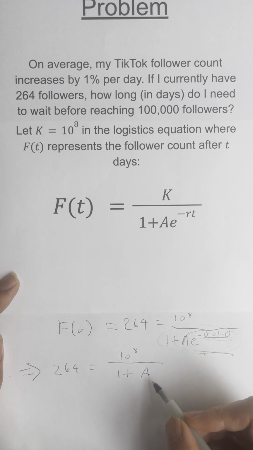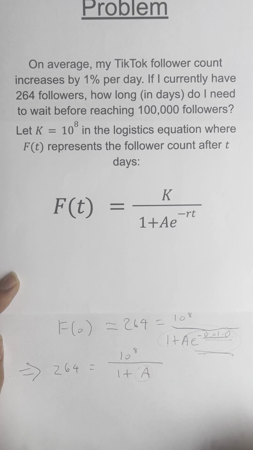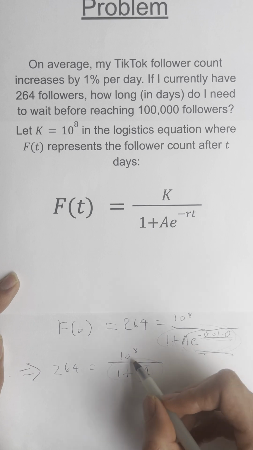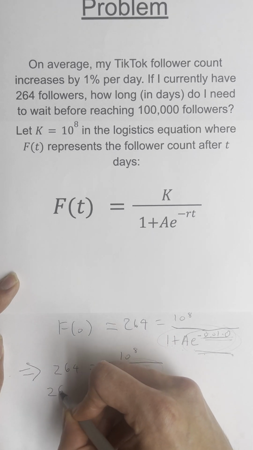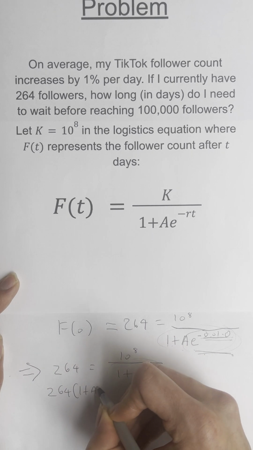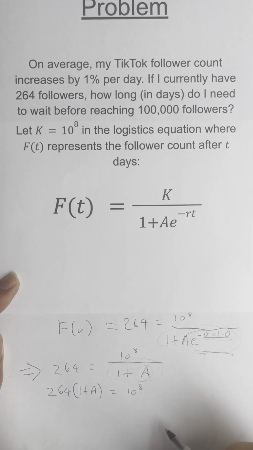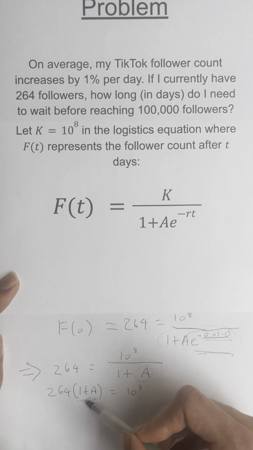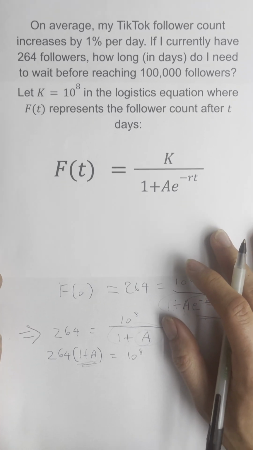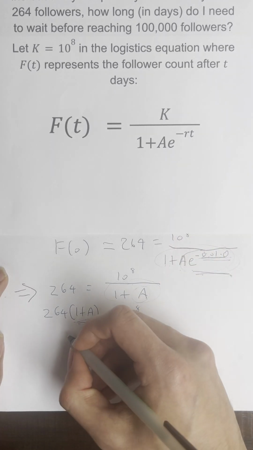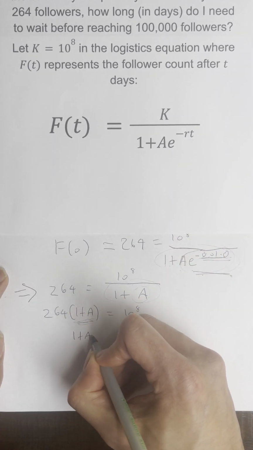And how do we solve for a? Well, I don't like fractions, so let's get rid of them. Let's multiply both sides of the equation by 1 plus a. And then to get a by itself, we need to get this by itself first. So let's divide both sides of the equation by how much?